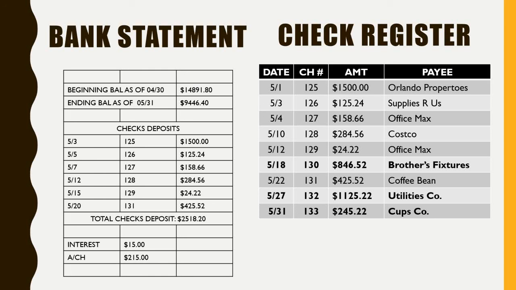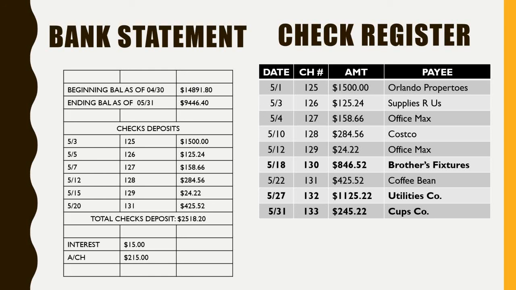Now let's take a look on our bank side, because again, the rule is that the money doesn't disappear from our checking account when we send the checks out. It's when the other person who receives that amount deposits it into their bank. So let's see which checks have actually cleared.